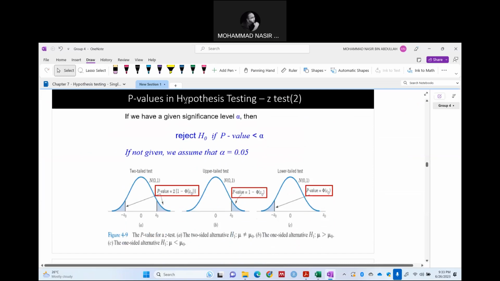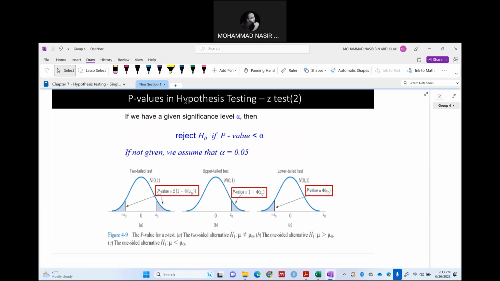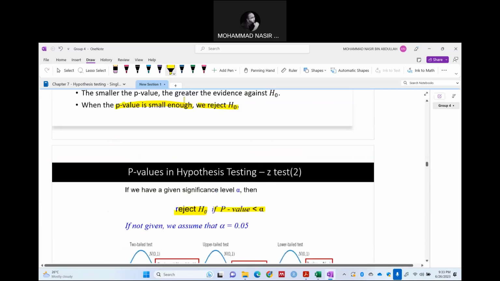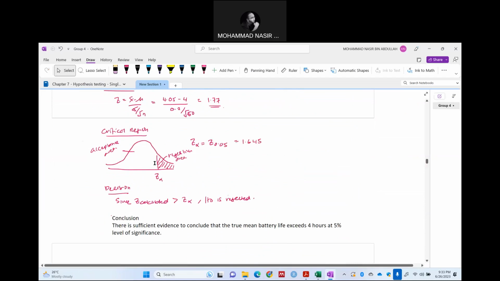This is for the z-test, which means standard normal distribution. So we reject the null hypothesis if the p-value is less than alpha. So this is the rule. For the critical value approach, we depend on the critical value and region.